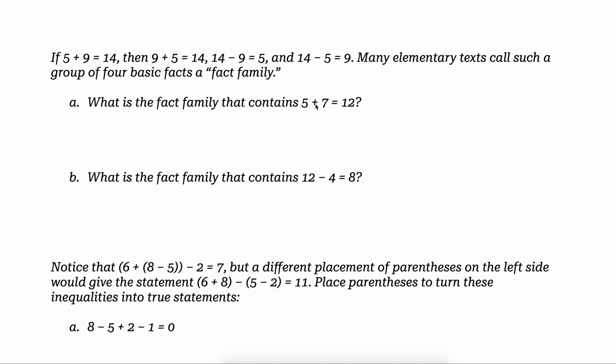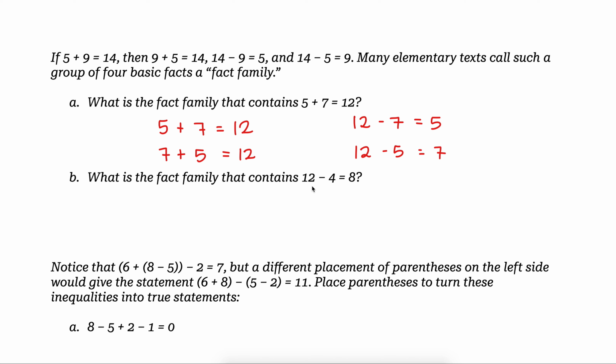So for instance, 5 plus 7 is 12. But because of the commutative property, we could say that 7 plus 5 is also equal to 12. And then with subtraction, same three numbers, we can say 12 minus 7 is 5, and 12 minus 5 is 7. That's what we call a fact family.